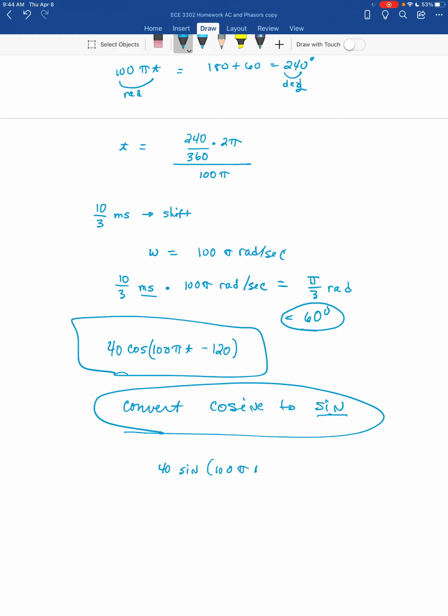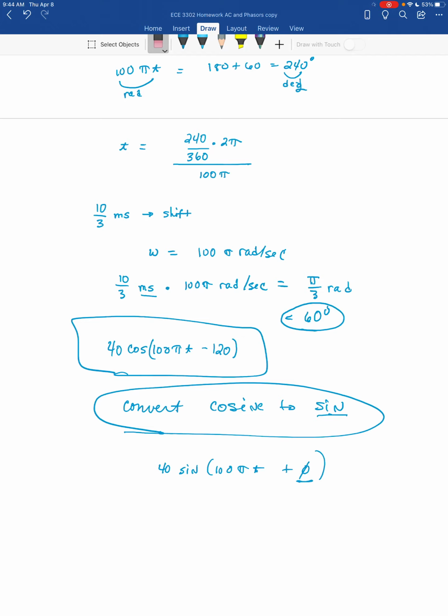So you'll have 40 sine of 100 pi t plus some phase angle phi. Now, given that phase angle phi, you have to figure out how to make that 0. You'll do that exactly like you did the previous step. Sorry, that's not quite right.